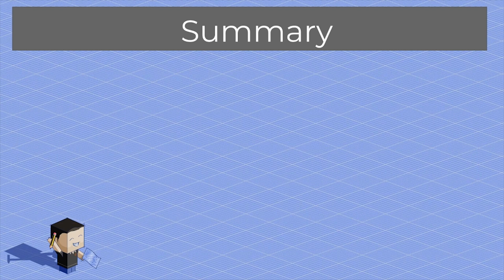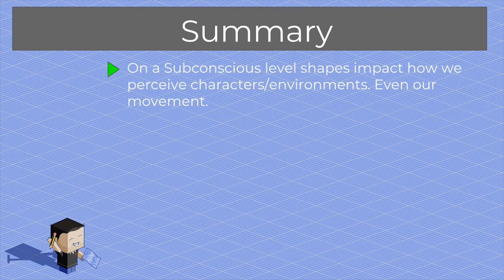So now that we've gone through, I just want to highlight some of the points that I think you should take away from this talk. Shapes communicate to us on such a subconscious level how we perceive our characters and environments, they even control our movements.